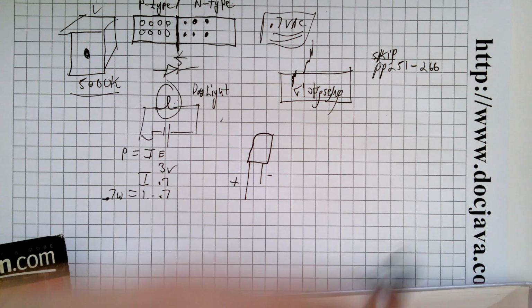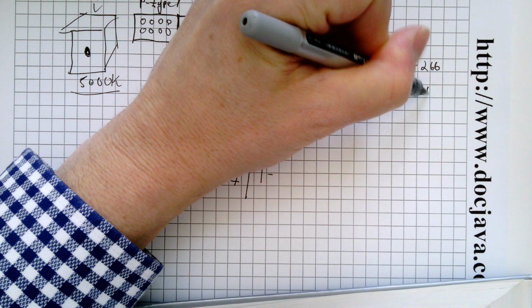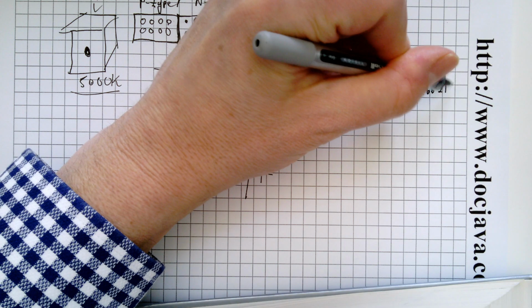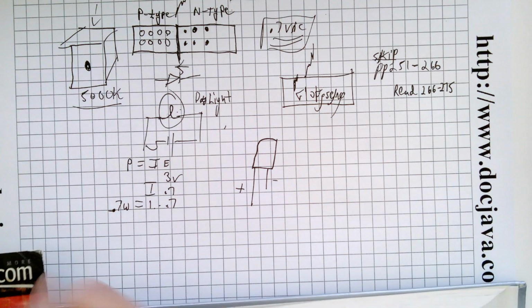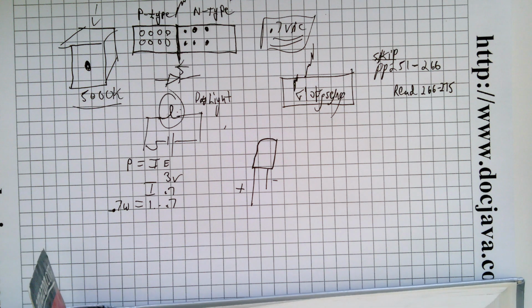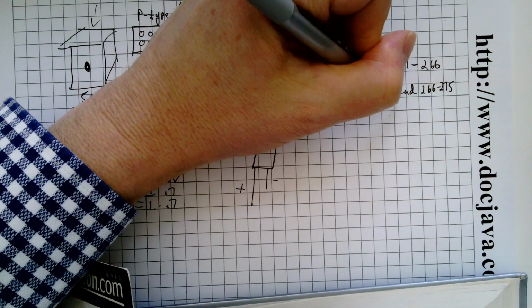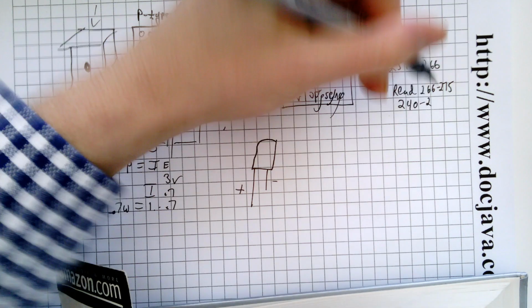So you'll be reading 266 to 275. And you'll be reading everything up to page 251. So for chapter 5, that means 240 to 251.